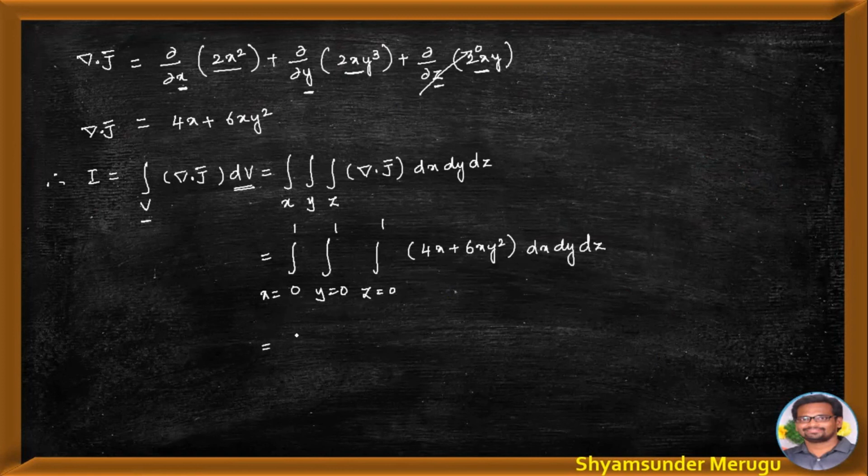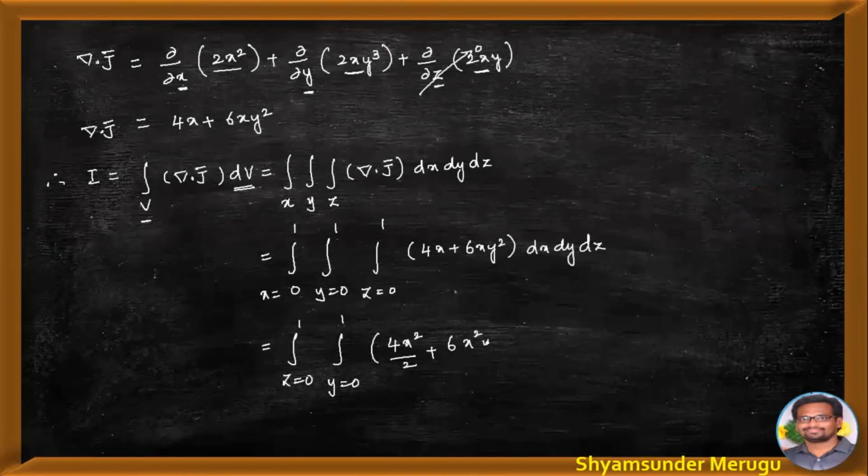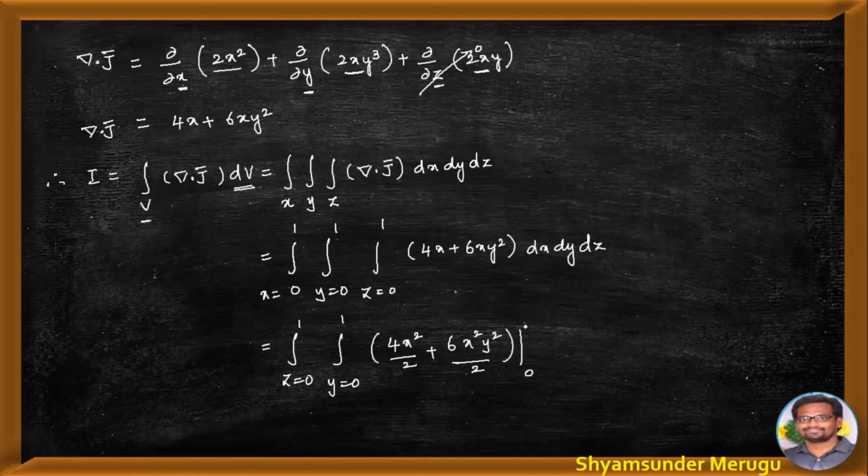we get z equal to 0 to 1, then y equal to 0 to 1. Now integrating with respect to x, we get 4x squared by 2 plus 6x squared y squared by 2, and the limits we apply as 0, 1, and it has to be integrated later with dy and dz.